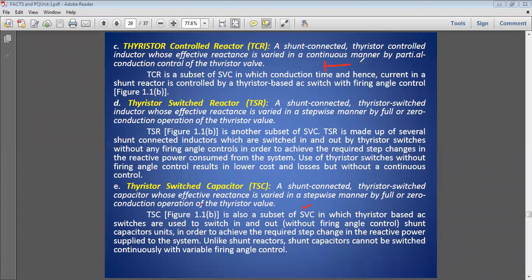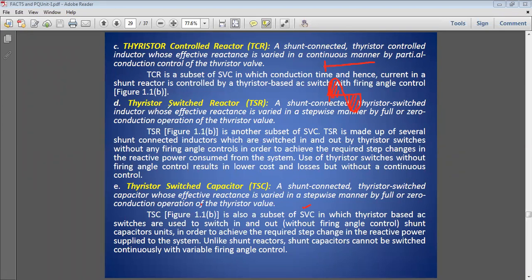Say, for example, if you change the firing angle, this much portion of the waveform is going to conduct, isn't it? And when this much portion of the waveform conducts, it is possible to control the reactive value very smoothly. Hence it is called a thyristor controlled reactor, and this is done by the thyristor valves.